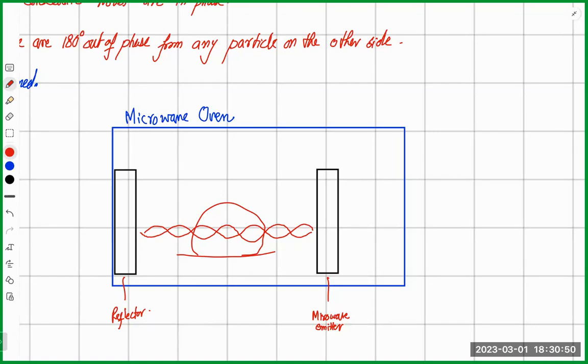The molecules gain kinetic energy, and whatever food you put over there becomes warmer or hotter. So anything that you put in a microwave should have some water content in it. If it does not have any water content, there's no way you can heat it up, because microwaves can only heat water.